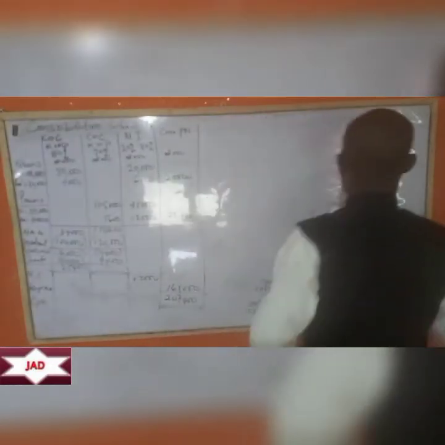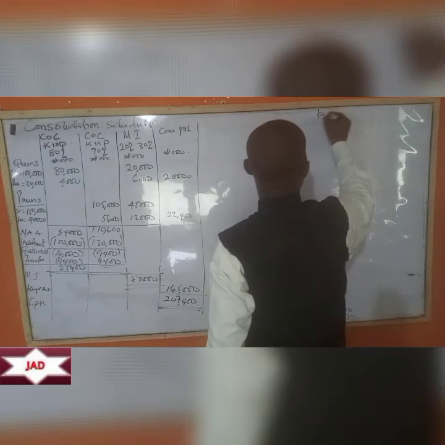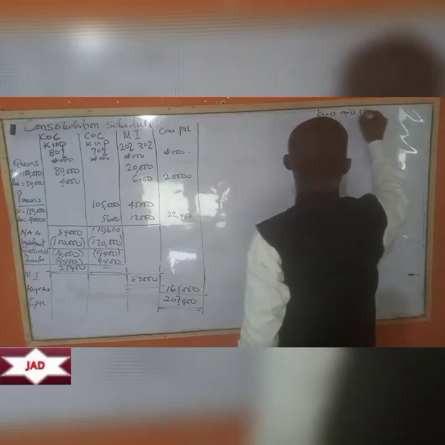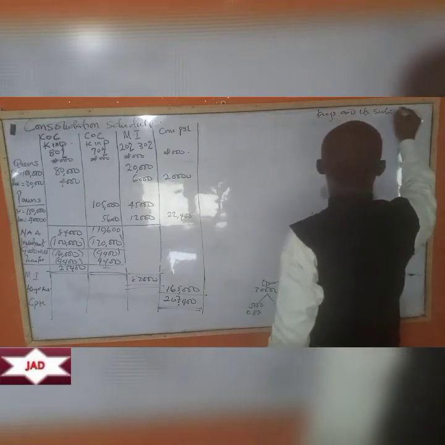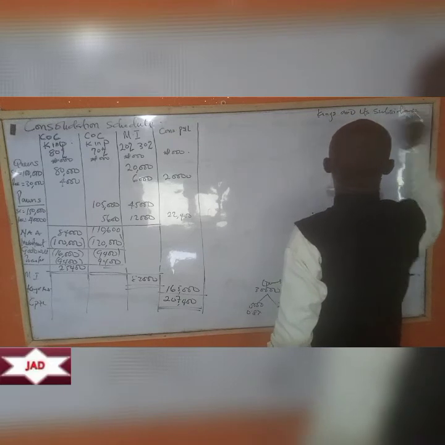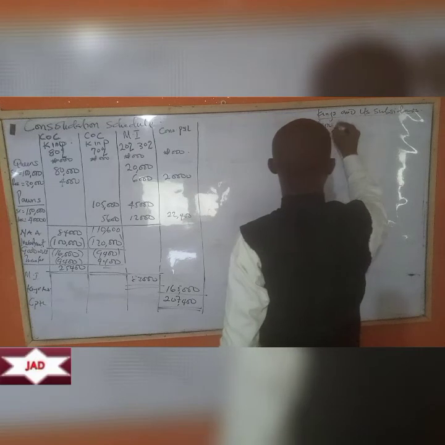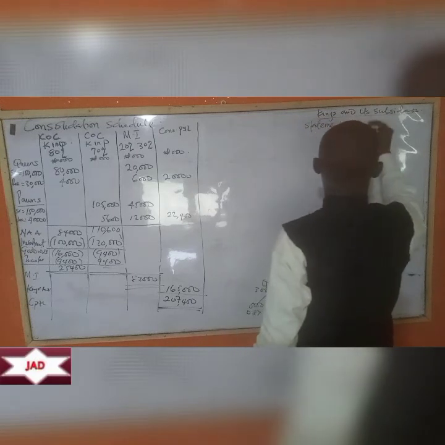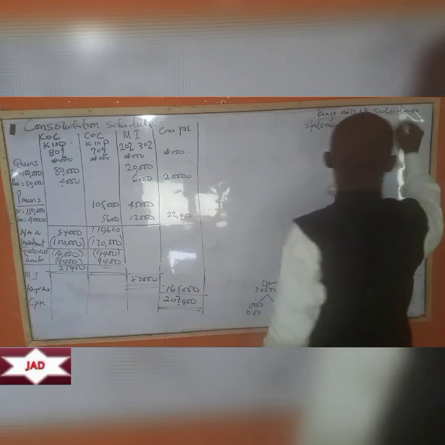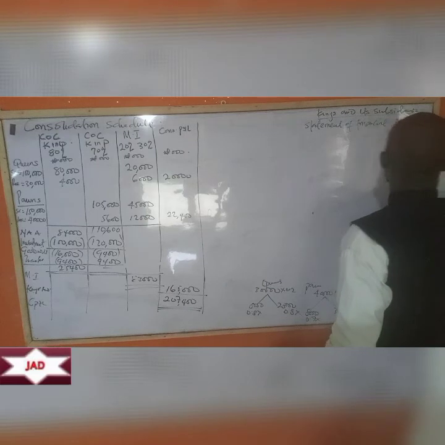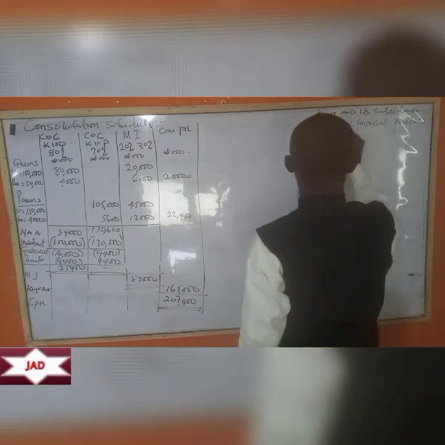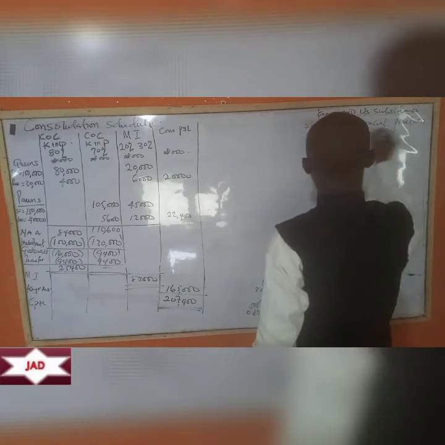So we say Kings and its what? Subsidiaries. So we say what? Statement of what? Financial position as at 31st December 2018.